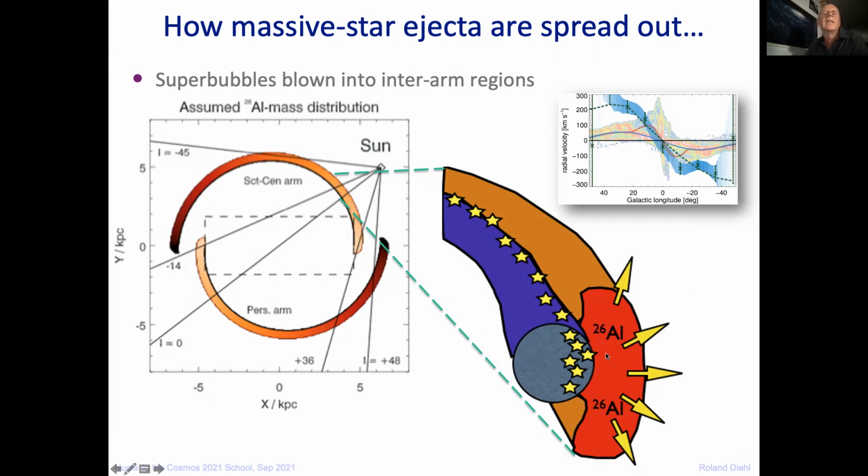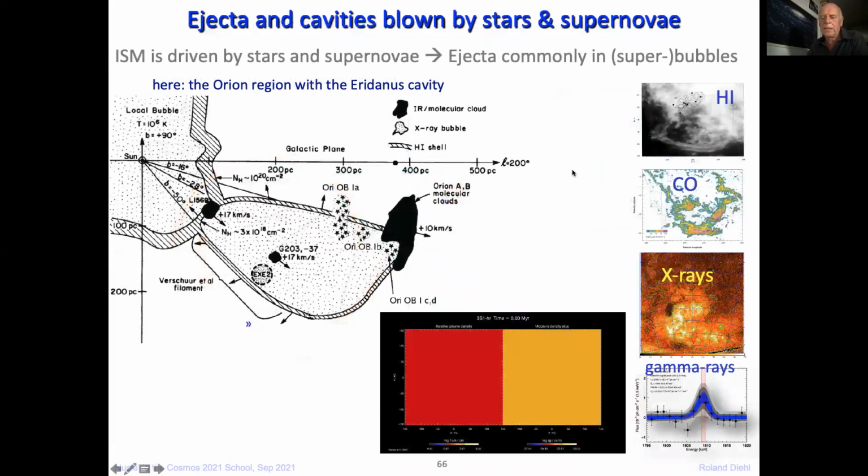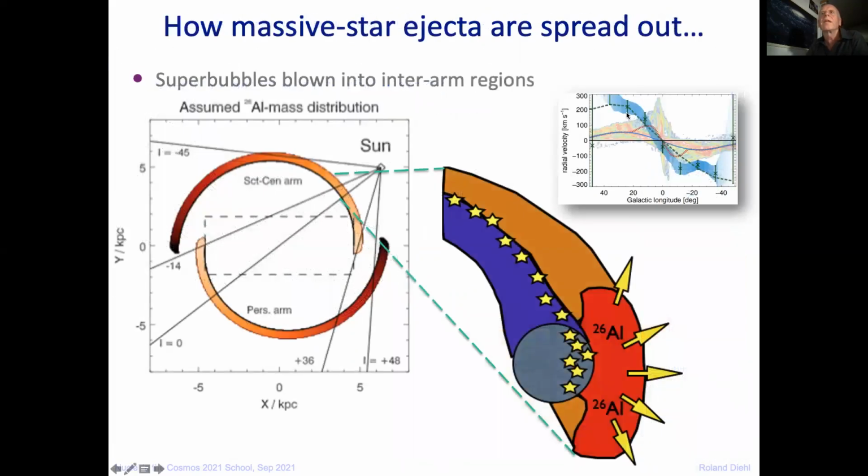And so the aluminum will be moving in the forward direction for a longer time until it is stopped by the cavity wall, compared to the backward direction. And this is the model that is shown with the green dots here, and it explained the graphs that we have been seeing. So this is the model. That is the green dotted line, and those are the data points that are measured. So these velocities are much faster than the velocities of the gas that we see moving in the galaxy.